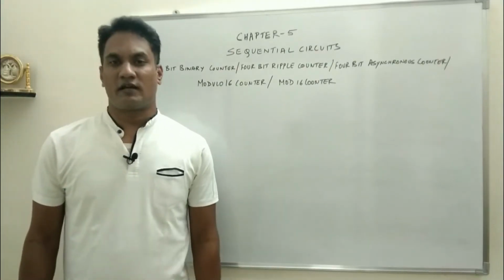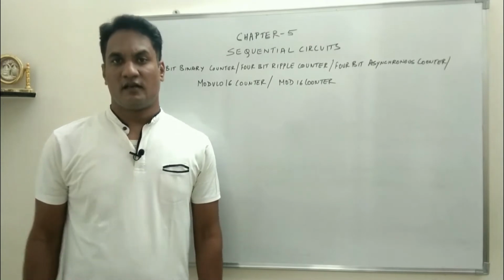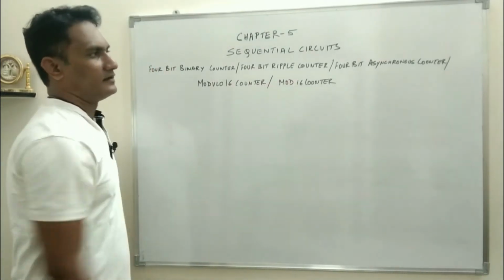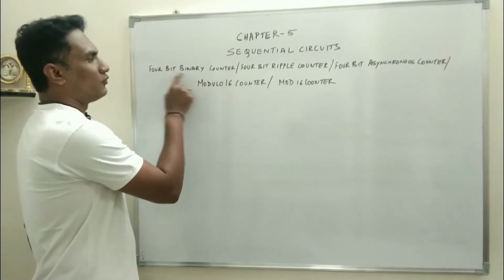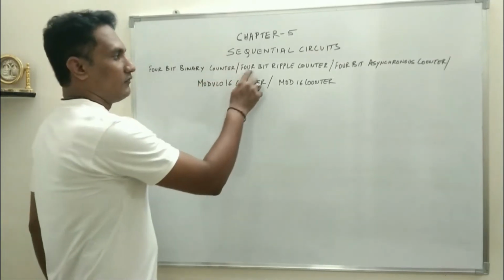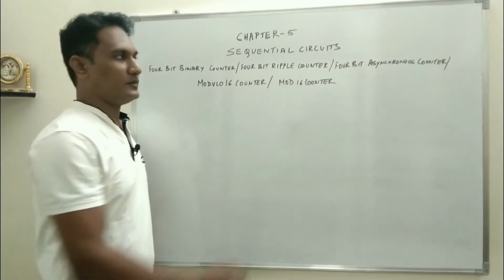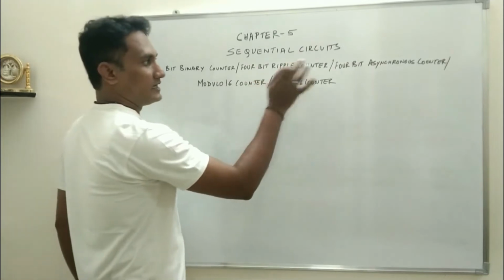Next, let us try to understand a 4-bit binary counter circuit. Now the same circuit can be asked in different ways. The same circuit can be called a 4-bit binary counter because it is going to count the binary numbers. 4-bit ripple counter. I'll tell you what exactly ripple means and why the name has been specified as ripple.